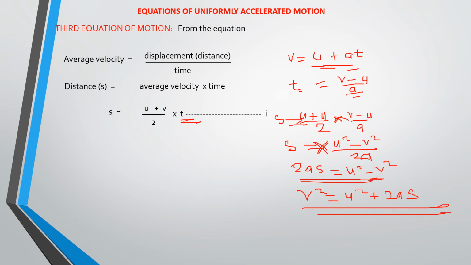Now this equation applies when you are given the initial velocity or the final velocity, as the case may be, and you have the acceleration and distance, but the time is not given to you. So any question on motion where you don't have the time given to you, this equation of motion should readily come to your mind to apply.